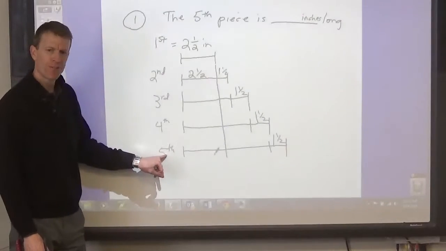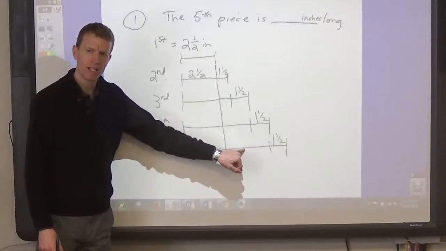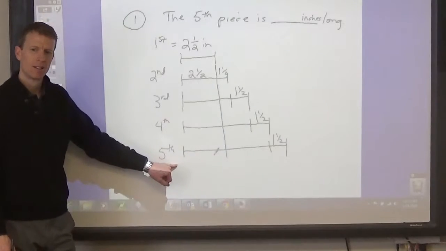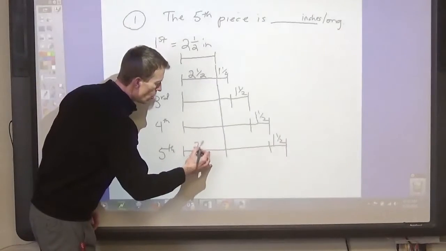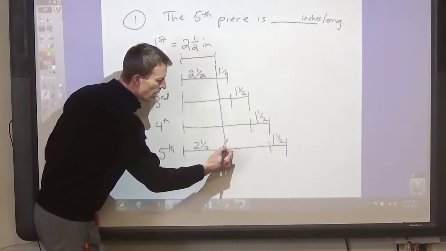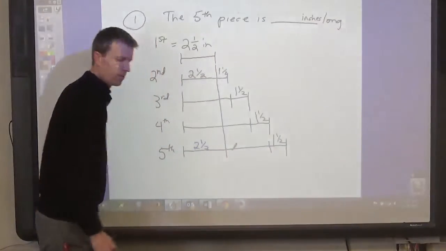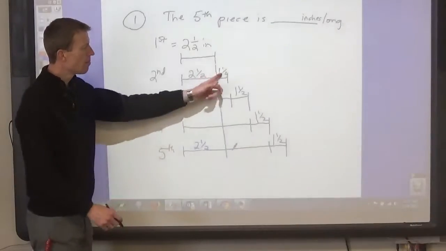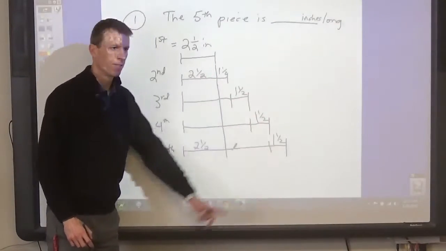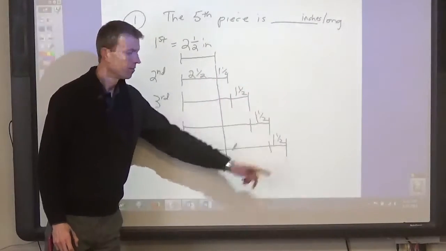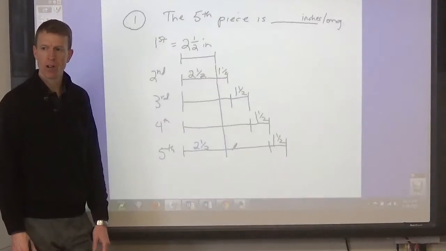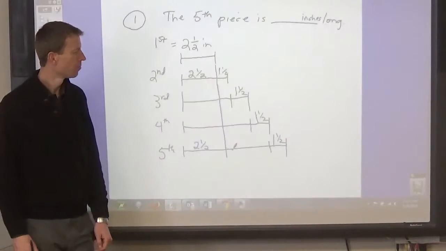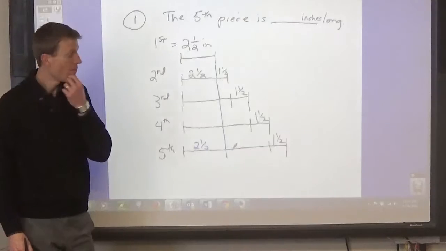And that doesn't help you find the length of the fifth piece. The fifth piece is 2.5 plus this amount. But how many times are you adding 1.5? Olivia? 4 times.